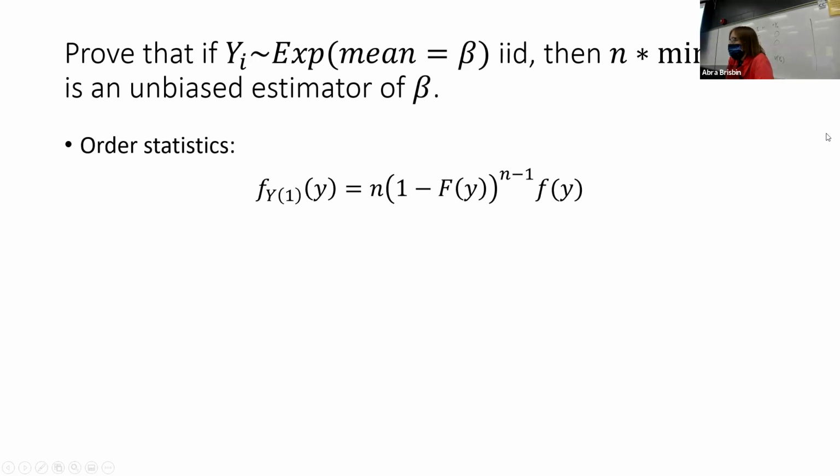So to think back to our order statistics, the general density function for the minimum, y sub 1 in parentheses, is n times 1 minus the cumulative distribution function big F raised to the n minus 1 times the density function little f.